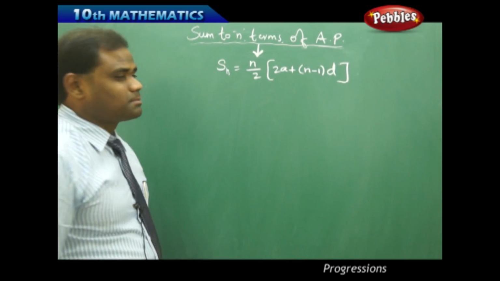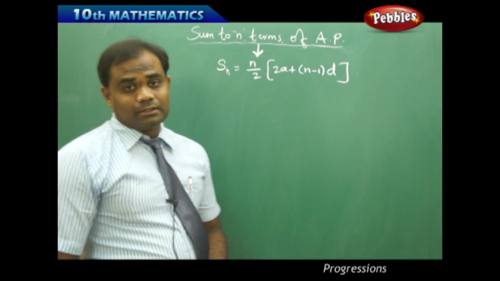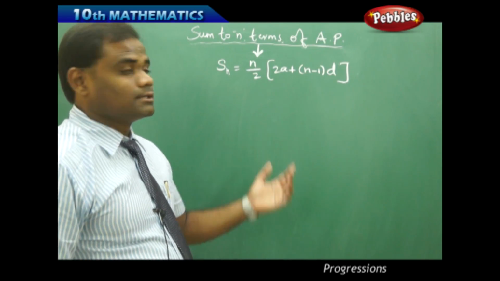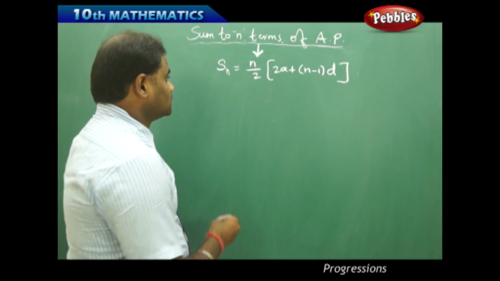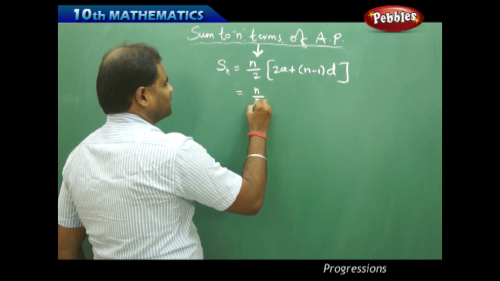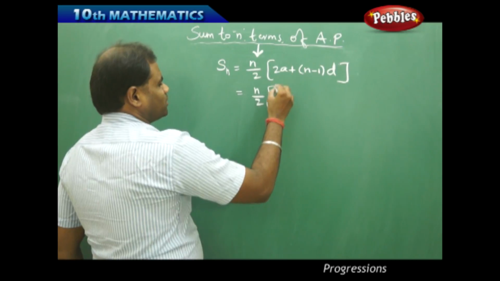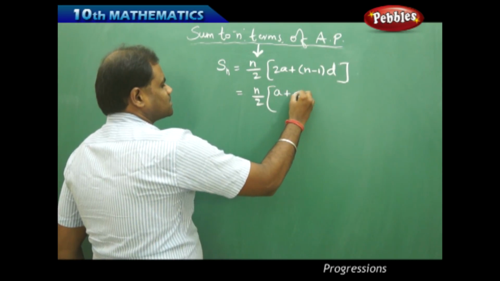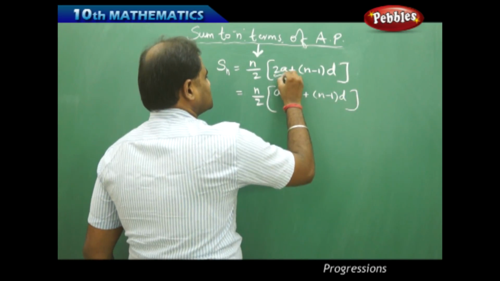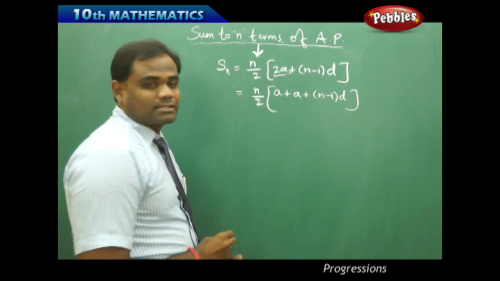But if I want to express this in the nth term form, then let's see how we can derive this into the nth term form. As I remodify this, I get here n by 2 times 2a. I can split it as a plus a, so that this can be written as it is down here.